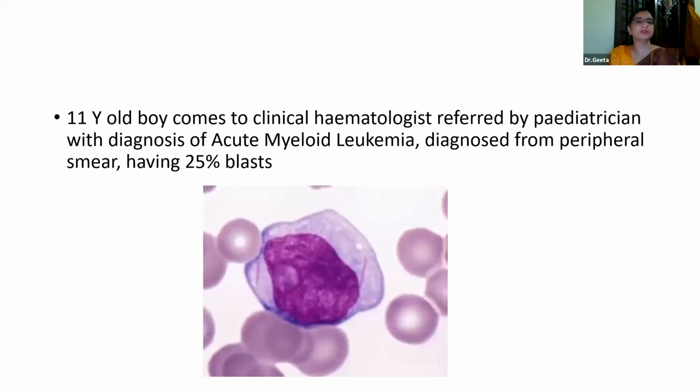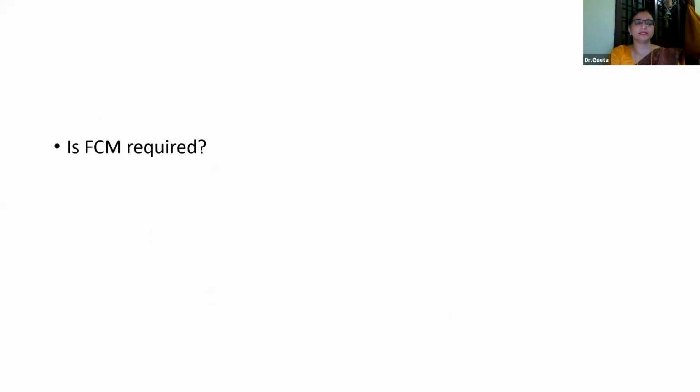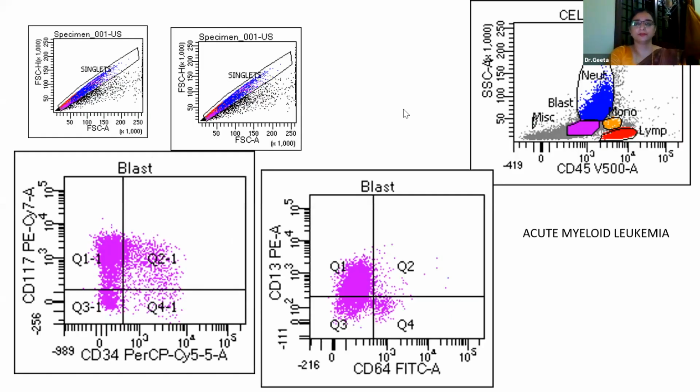Another person who's been diagnosed with 25% blasts in peripheral blood, with multiple nice long Auer rods. Is flow cytometry required? Let's see. This person has blasts, cells which are positive for the myeloid immaturity marker CD117 as well as CD13, but has very few CD34 cells.